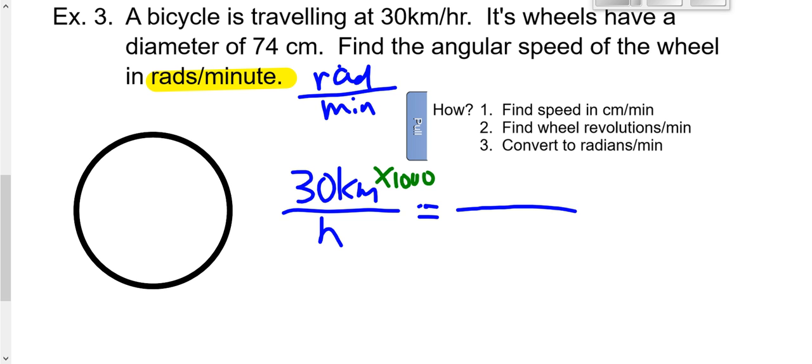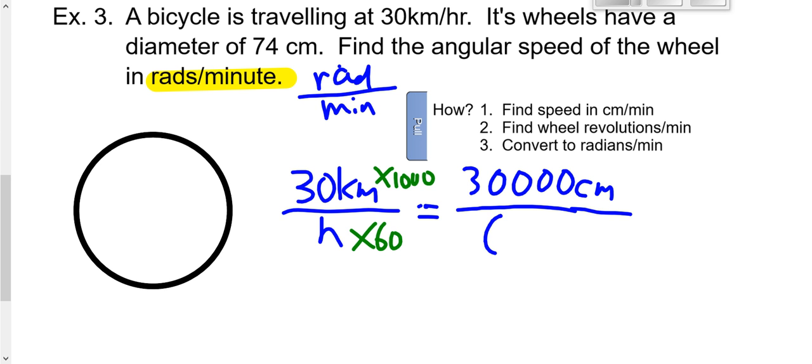Okay, so if you do that, 30 times 1000 gives you 30,000 meters. And then if you look at the bottom, convert that into minutes. Each hour has 60 minutes, so times it by 60. So 1 times 60 gives you 60. So that means you have 60 minutes.